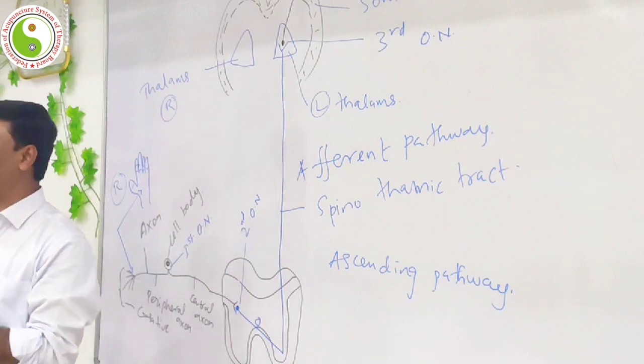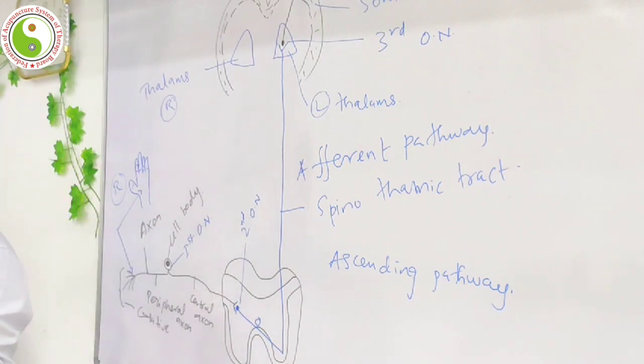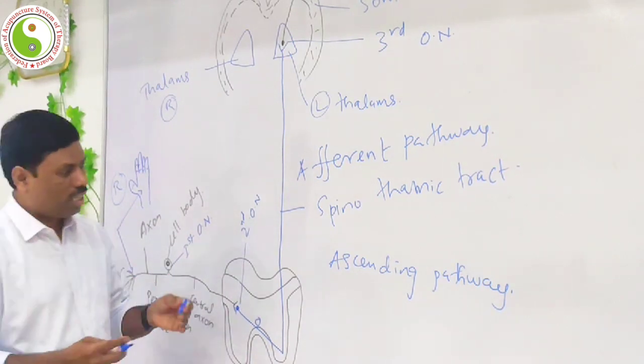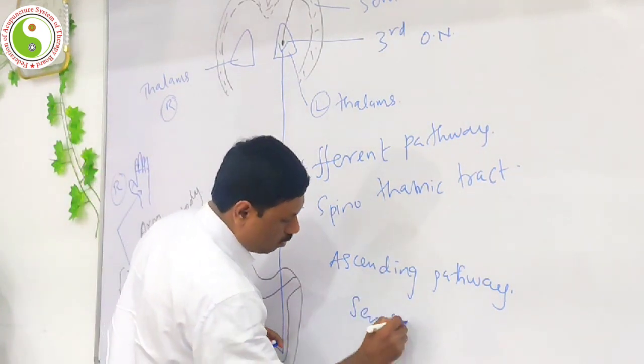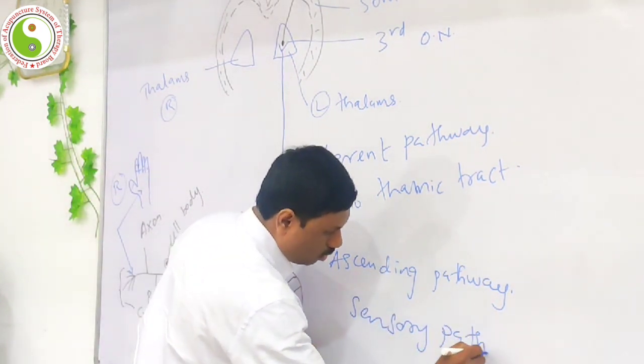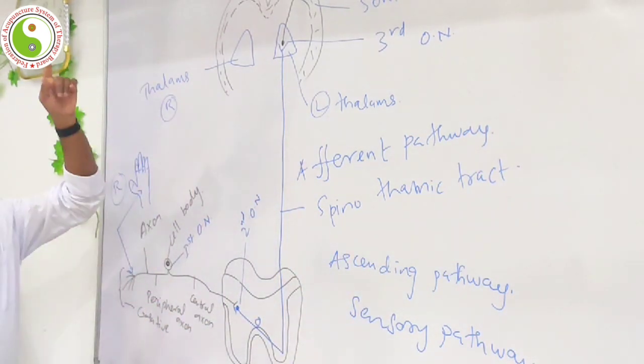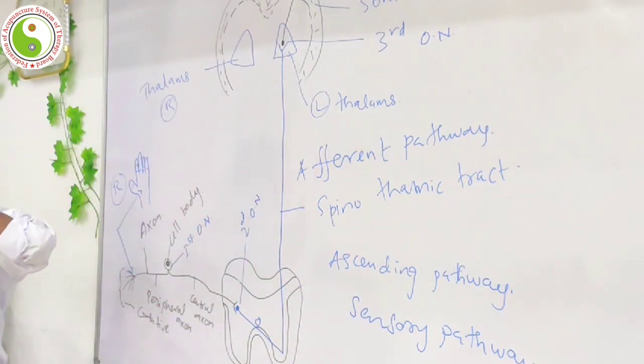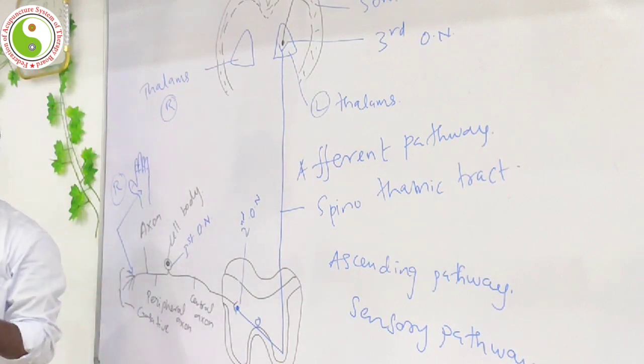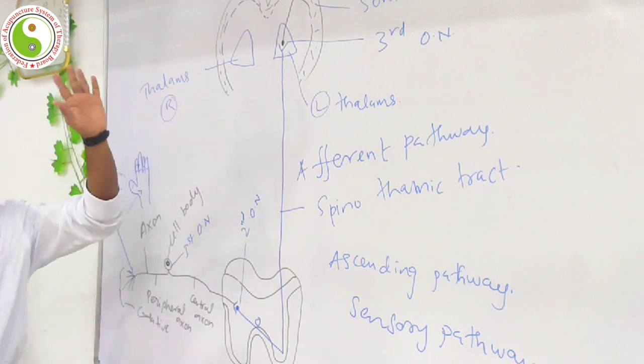Taking the signals to the brain, right? Another name for it is the sensory pathway. So this pathway is carrying to the cerebral cortex. Now this is the one pathway. From there it gives the signal to the periphery, or the parts of the body, how we are feeling the pain. Now let me see, this has already given the signals.